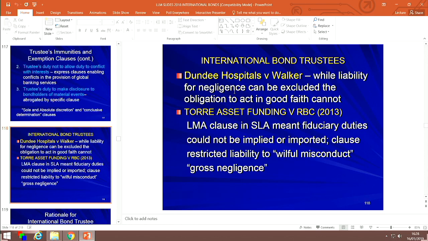Any attempt to include any other duties would not be possible because a specific duty has been created by the trust deed clause saying that the trustee has a duty not to engage in willful misconduct or gross negligence. If that clause is there, the court said, well, you can't import anything else. That's it. This was decided in 2013 in the Royal Bank of Canada ruling.